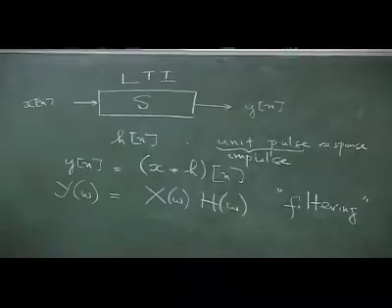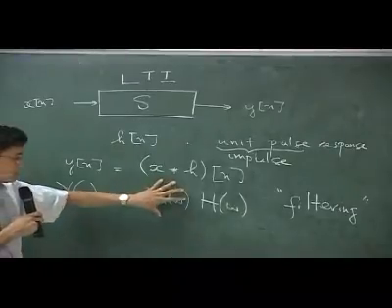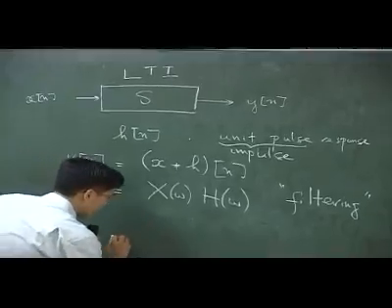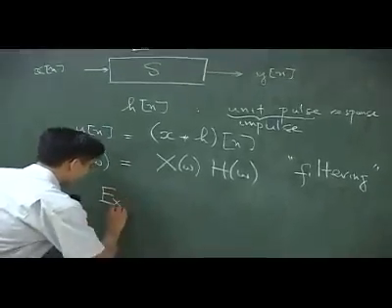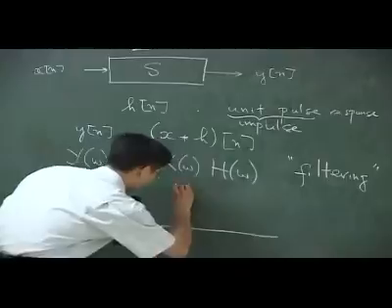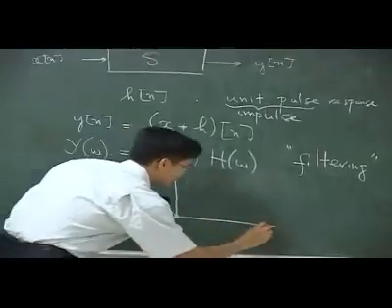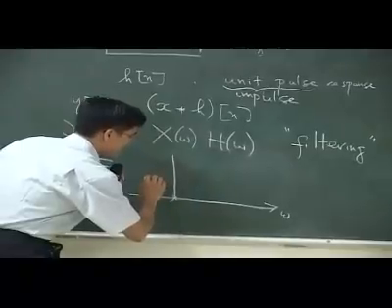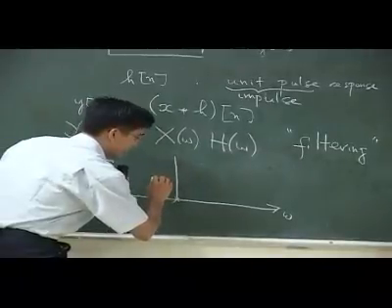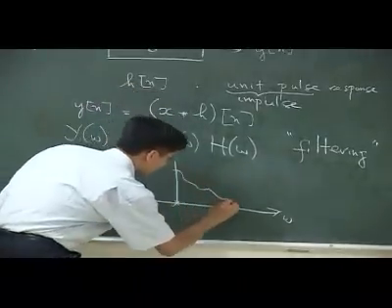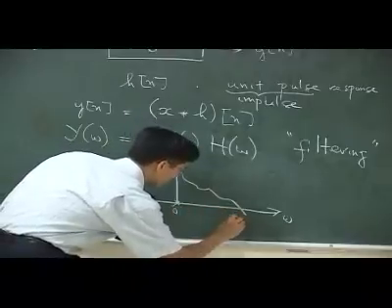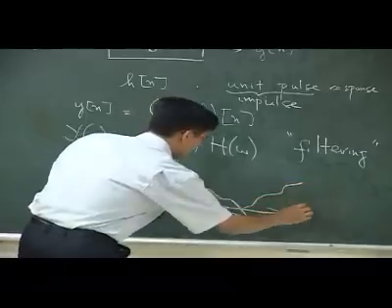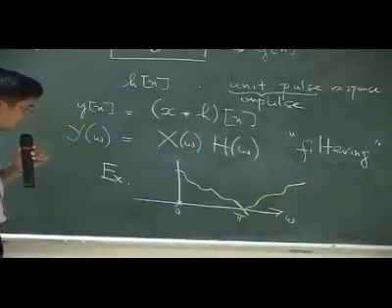A filtering in the sense that the signal here has a certain frequency. So for example, I can have the plot of omega here, and the signal from 0 to pi, and it will come out here, and then periodic extensions.